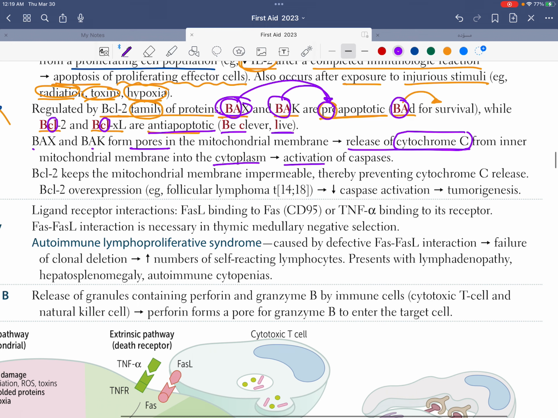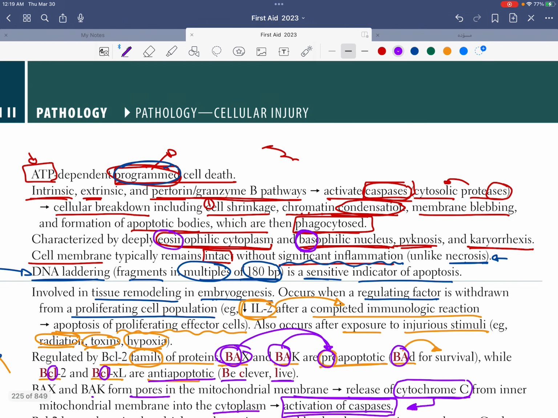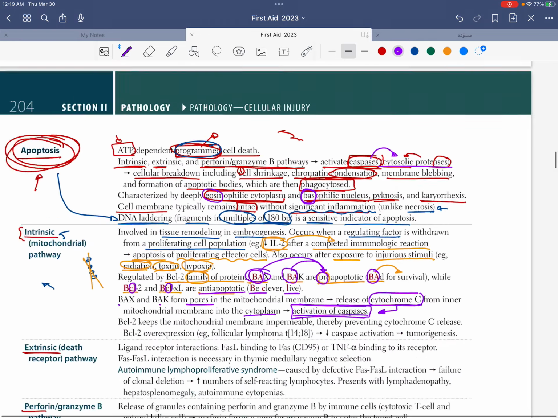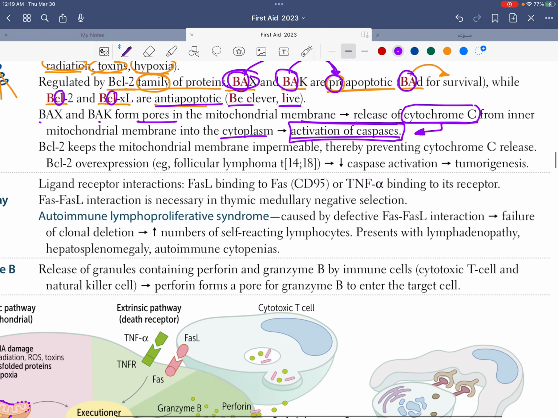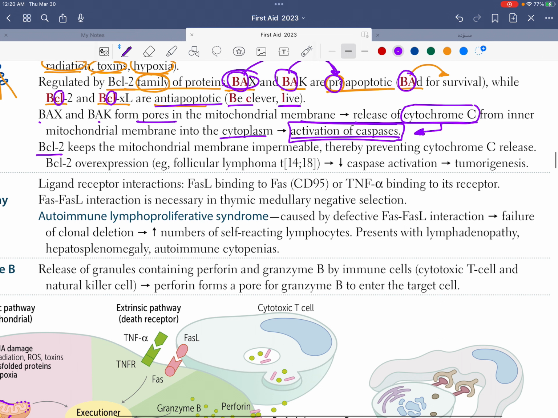That would lead to the activation of caspases. And we already talked about caspases: they are cytosolic proteases that kill and degrade the cell components. BCL2, on the other hand, keeps the mitochondrial membrane impermeable, thereby preventing cytochrome C release.